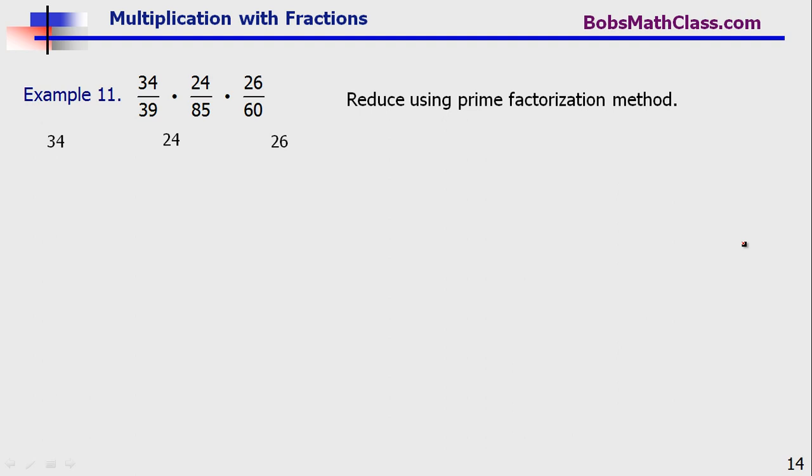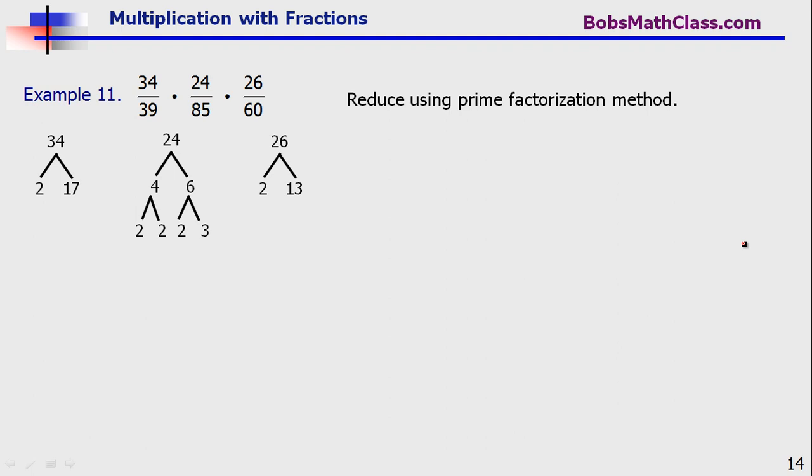Let's see, 34. And you might want to pause to work these out. 2 times 17. 24 is 4 times 6, and 4 is 2 times 2, 6 is 2 times 3, and 26 is 2 times 13.